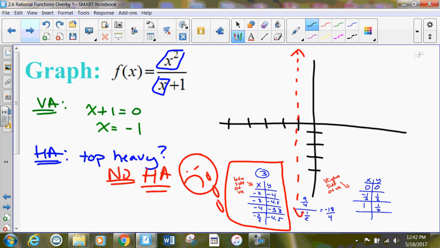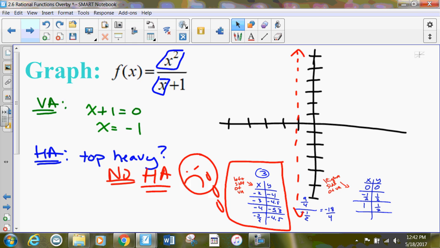We're going to put a lot more things into our table than we had to before, which is unfortunate because it's time consuming, but we can do it. So -2, -4, we've got a dot there. -3, -4.5. Oh, it's heading down. -4, -5.5. And it's going down even further.